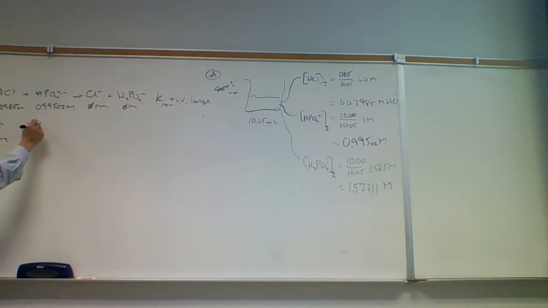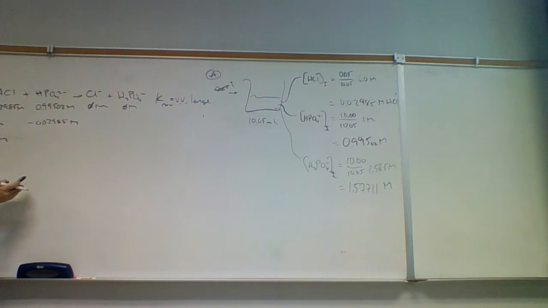So this is minus this. It's going to be minus 0.02985 molar. But in the process, we lost a little bit of the base component of the buffer. So we start off with 0.99502, and we lose 0.02985.